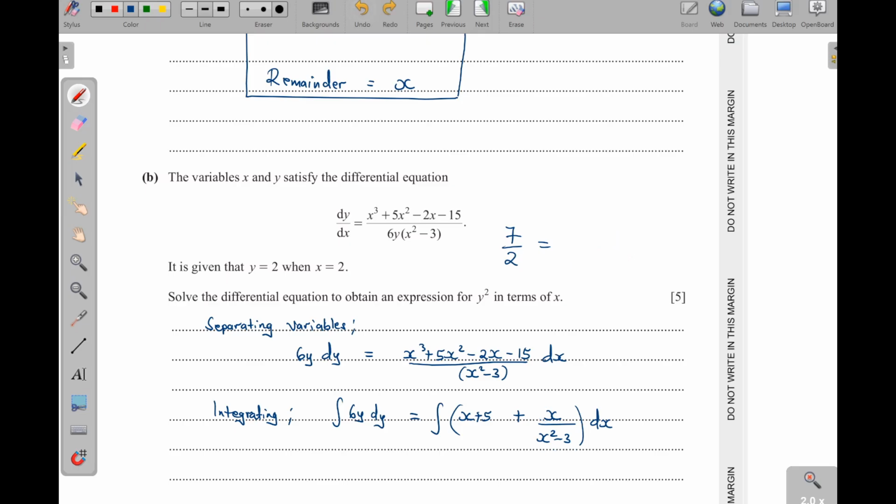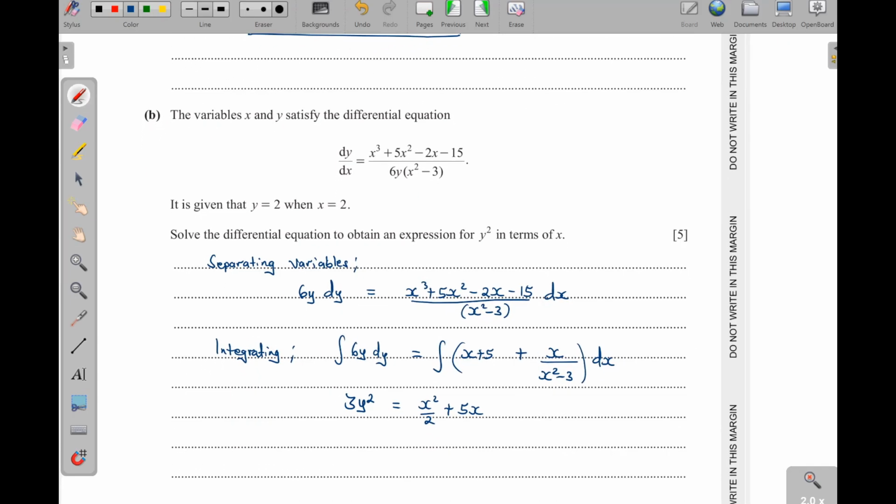Now integrating the left hand side, increase the power by 1, that is 6y squared over 2, which will be 3y squared. And here, this will be x squared over 2, then plus 5x.